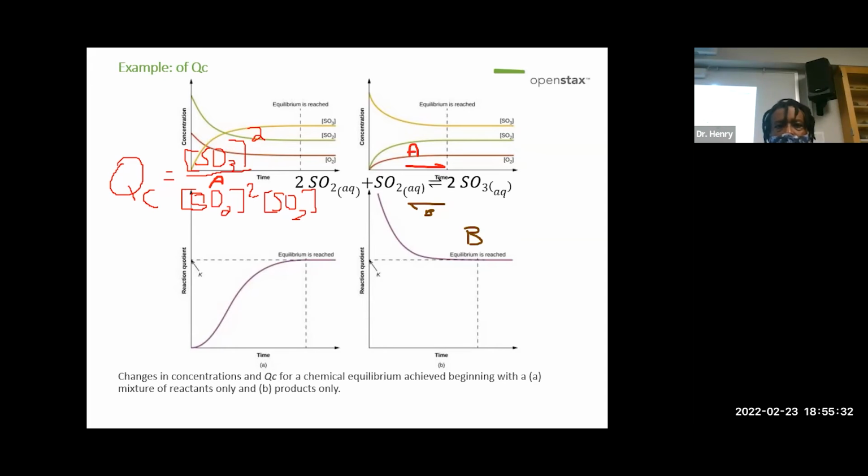If Q is less than the equilibrium constant, then we're favoring our reactants. That means we have more reactants, and so it's going to be pushing the other way to compensate, towards the products.